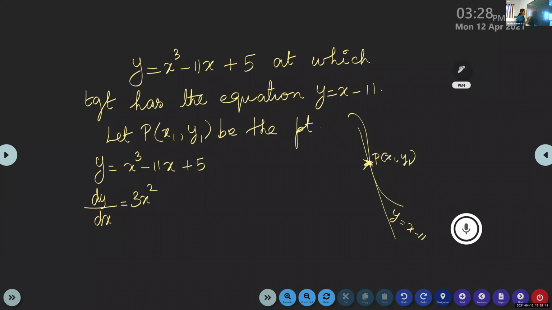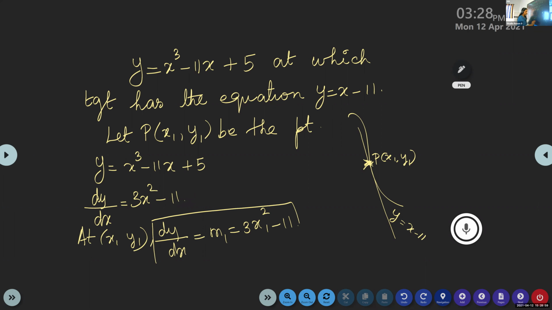So at the point x1, y1, the slope dy by dx, denoted as m1, is equal to 3x1 square minus 11. Again, at the point x1, y1, what is the slope of the tangent?